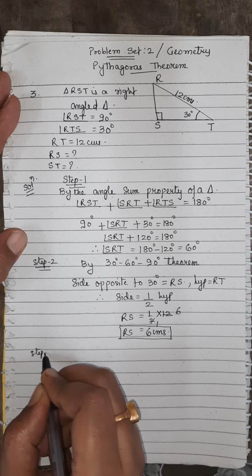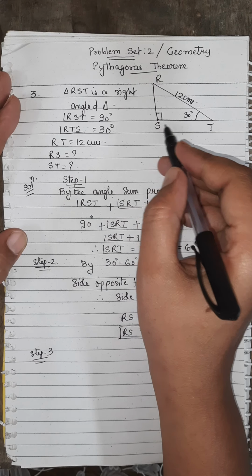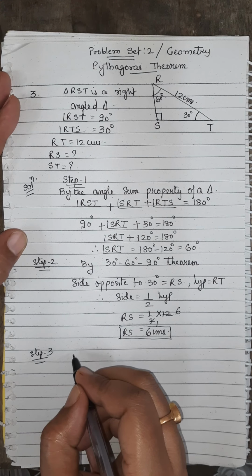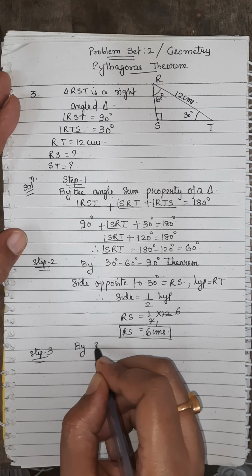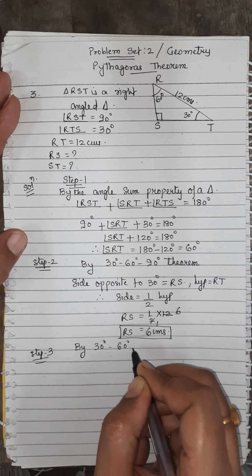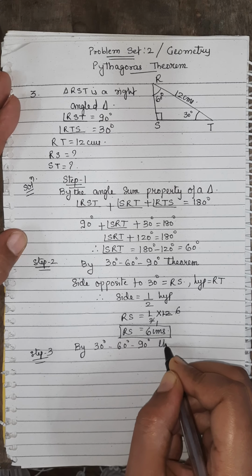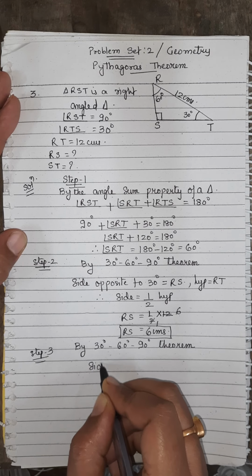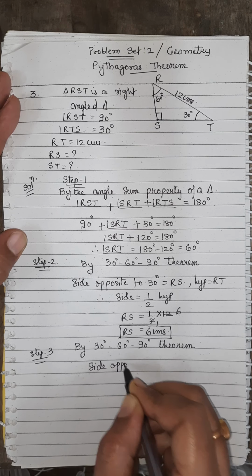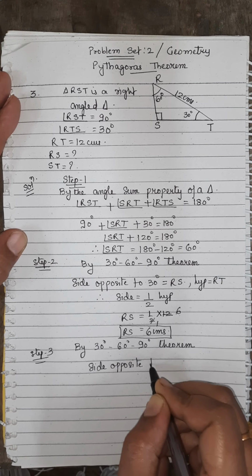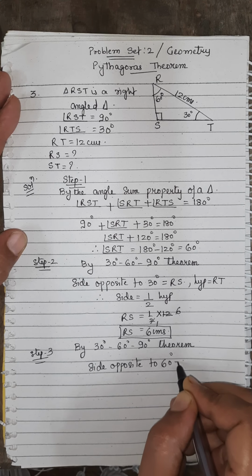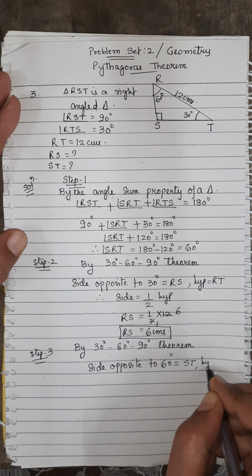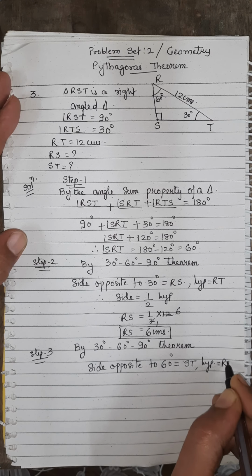In a similar manner, if we want to find ST, because we already found angle R is equal to 60 degrees. So again by the same 30-60-90 theorem, what do we have? Side opposite to 60 degrees is equal to ST, and the hypotenuse is equal to RT.